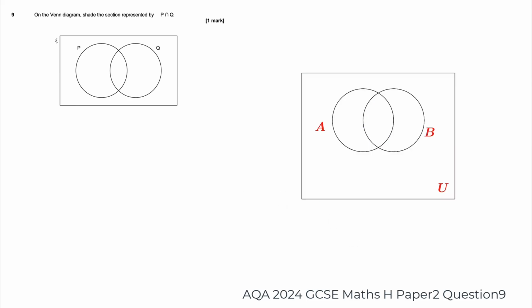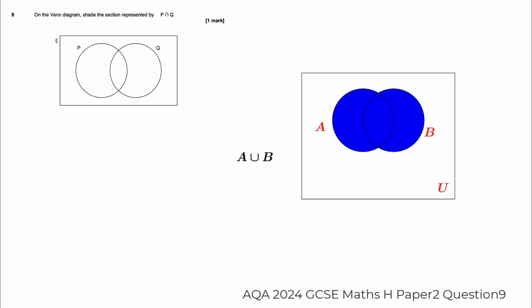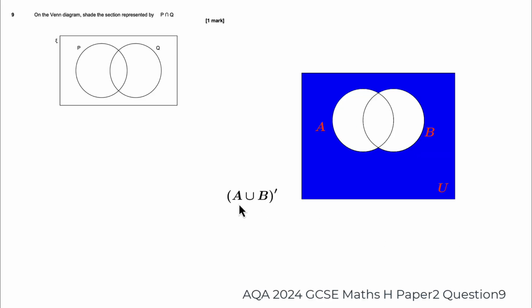We could do a similar thing if we look at all the things that are either in A or B, and then we don't want things to be in either A or B, then we would have the complement of that set. So it's A union B, it's the complement of that.